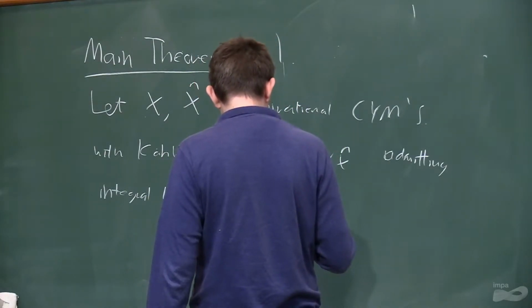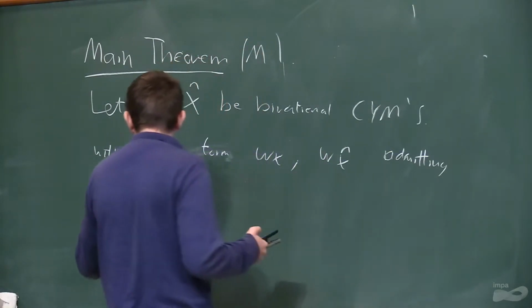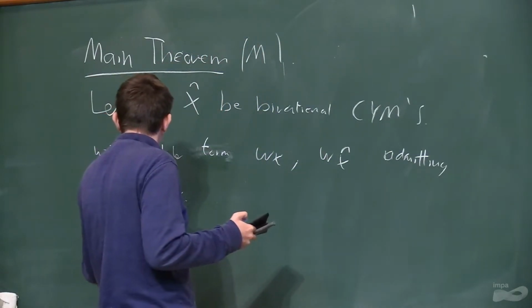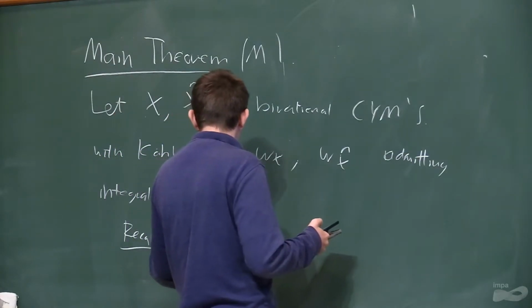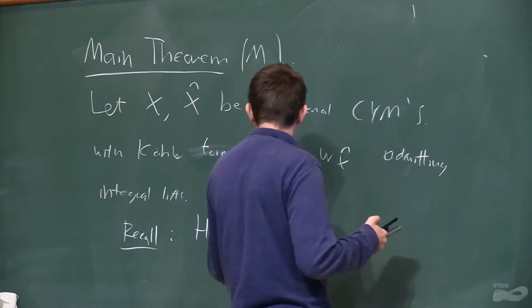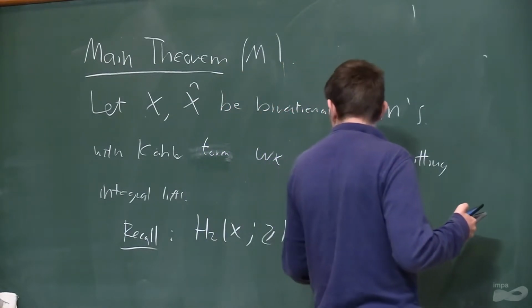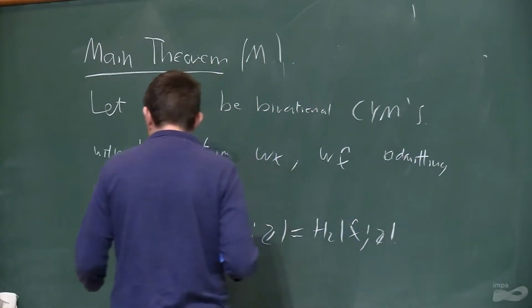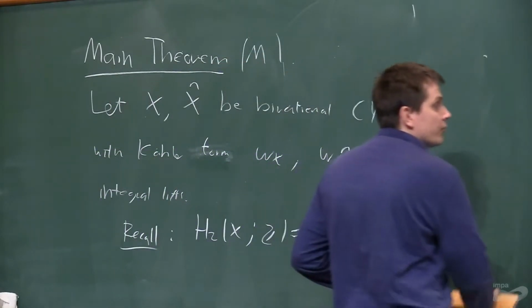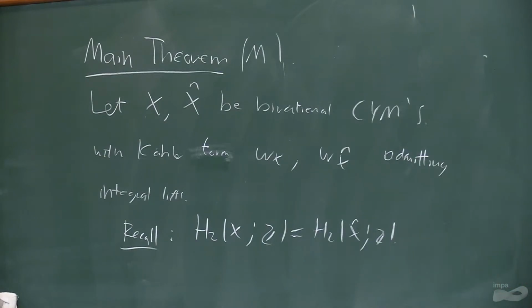So recall H2 of X is H2 of X hat. So that means I can define the following Novikov ring. Actually, I could just write it here.